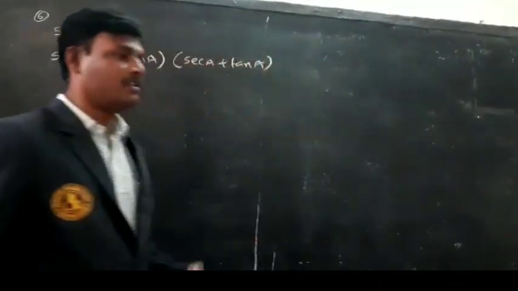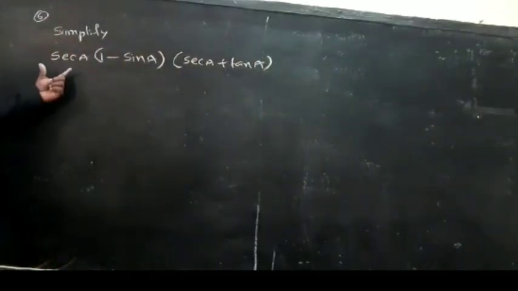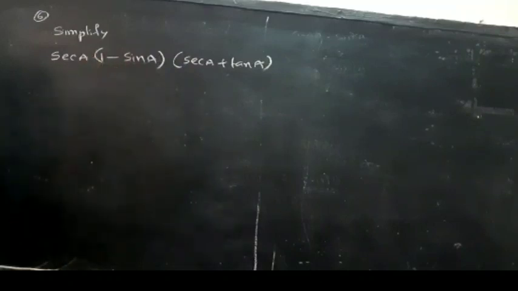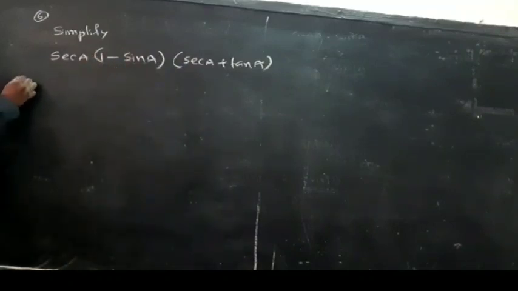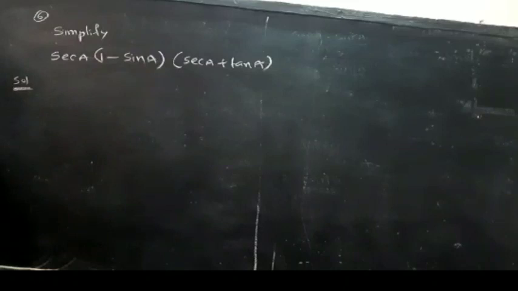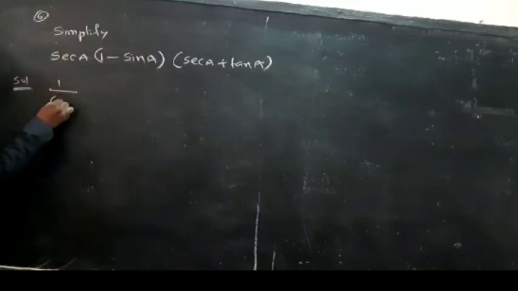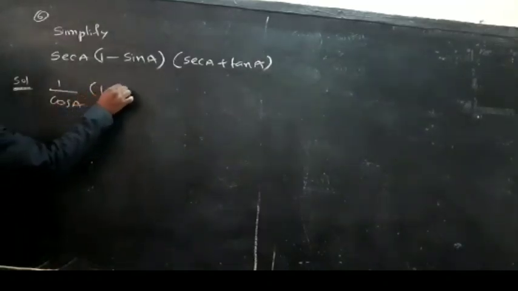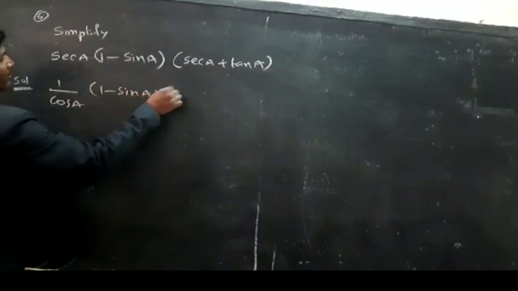Here is another important question. Simplify sec A (1 minus sin A) into (sec A plus tan A). In solution, see here, sec A we can write as 1 by cos A. Why? Because sec A is the reciprocal of cos A. Into (1 minus sin A).